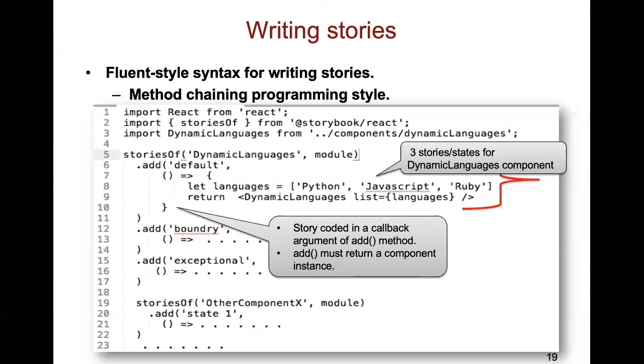You can also see there that I'm calling the stories of, in this case twice, because I'm calling it down here as well for a different component. So how you break up your stories into physical files doesn't really matter. You could have all of your stories in one file, or whatever way you want to. And in our case, I think that will probably be it. We put all our stories into one file.